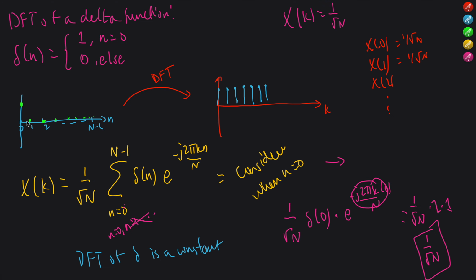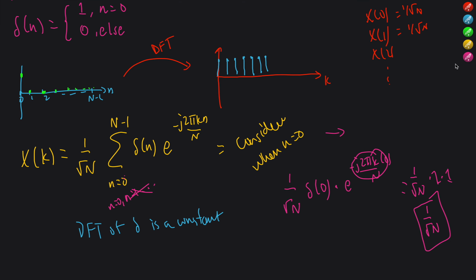One other interesting thing to note here is that if you were to calculate the energy of this signal, how do you calculate energy? You use the formula, right? The energy of our signal in time is going to be the sum from n equals 0 to N minus 1 of x times its conjugate. You do the inner product with itself, and that's your energy.